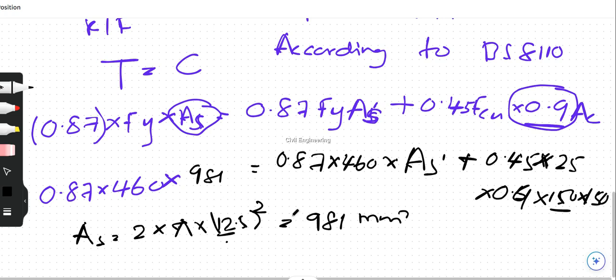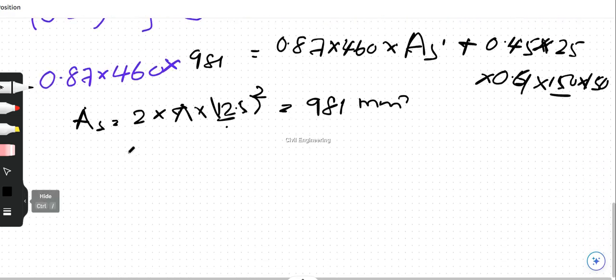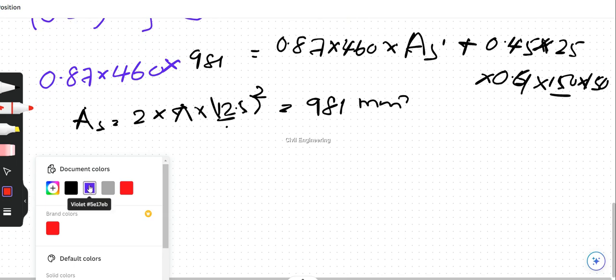I'll write it again, as that one is not much clear.